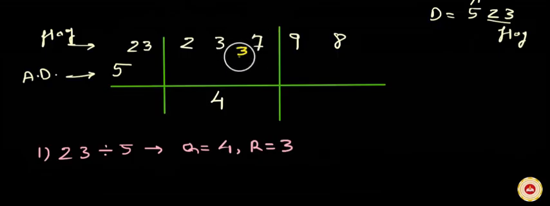Now read this 3 and 7 as 37, and this 37 is gross dividend. Now friends, let us calculate net dividend by subtracting cross product of 2 flag digits and last 2 quotient digits from 37 to get net dividend, and it will be step number 2.